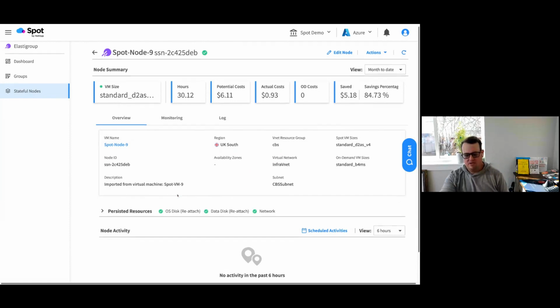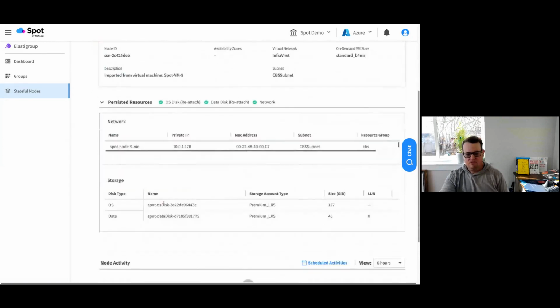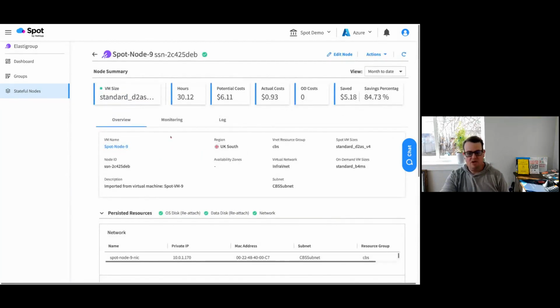You can see how we're setting it up. And then you can see the resources that we're using. You can see that we've got a data disk and an OS disk, and we can bounce it around as needed. We've been running this instance for 30 hours, we would have paid $6.11, but I've only paid 93 cents, which gives me a savings of 84%.